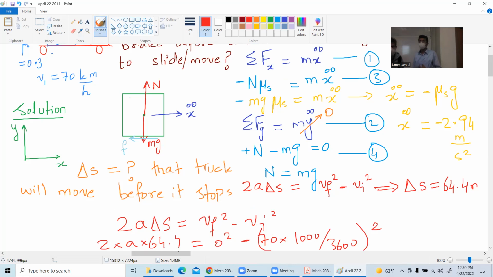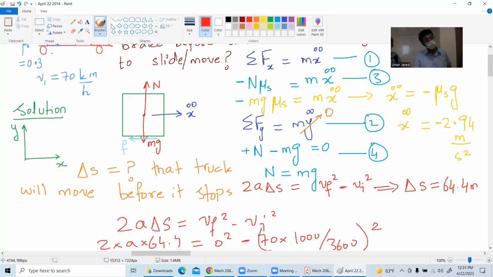This is how we get it. So the truck will move 64 meters before it stops, because the driver has put a deceleration of 2.94, and the driver is doing it because he knows that if he puts too much deceleration by braking too hard, then surely he can stop in 30 or 40 meters, but that instrument package will move and he doesn't want that.